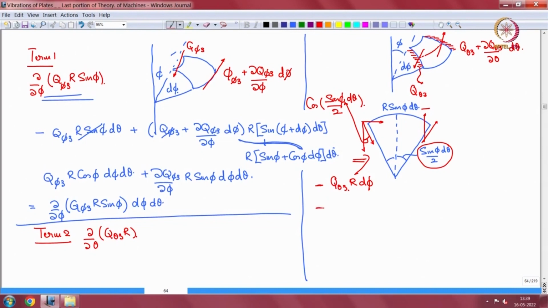It comes with a plus, q theta 3 plus del q theta 3 by del theta d theta, into r d phi, and the cosine of the small angle is 1 in both places. As a result this term goes away, and I am left with del q theta 3 by del theta r d theta d phi.